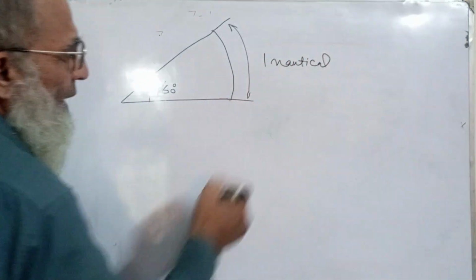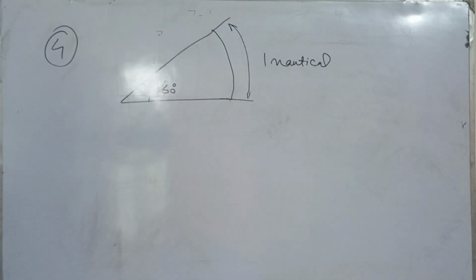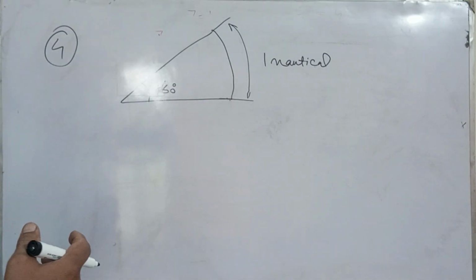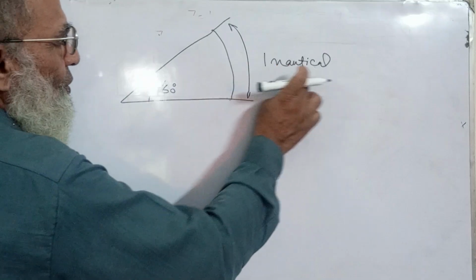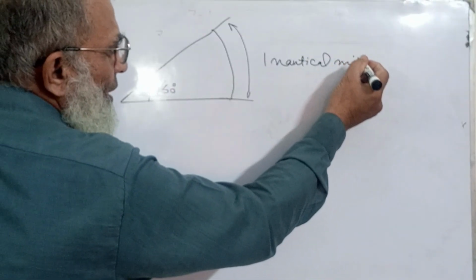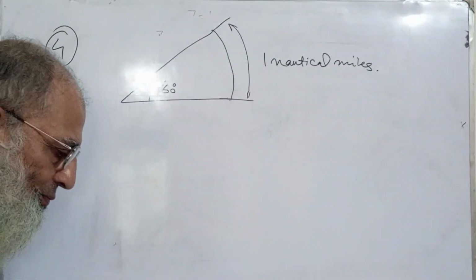Because the distance covered on the earth is in miles, but when there is sea or air, you use nautical miles.